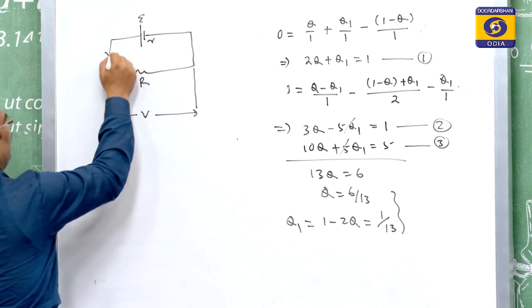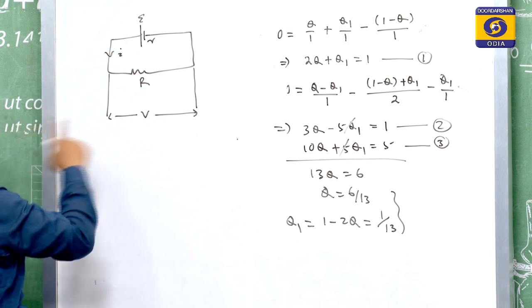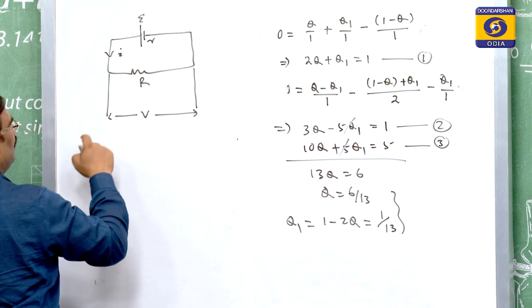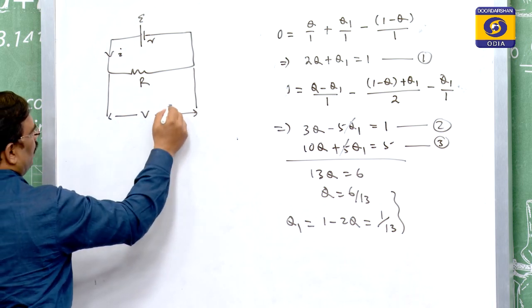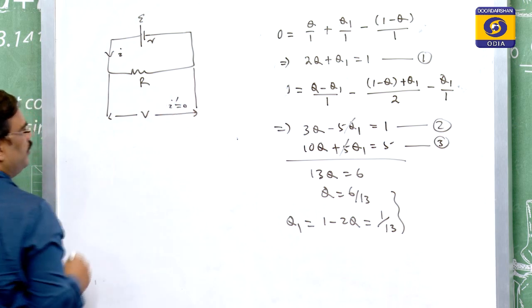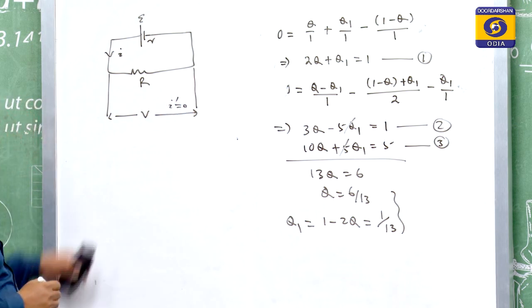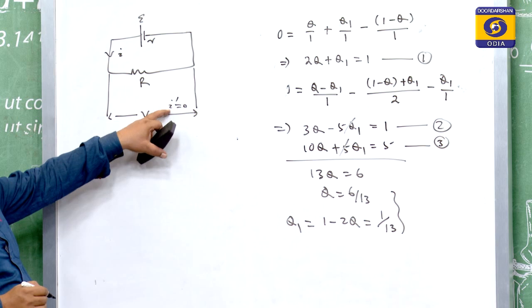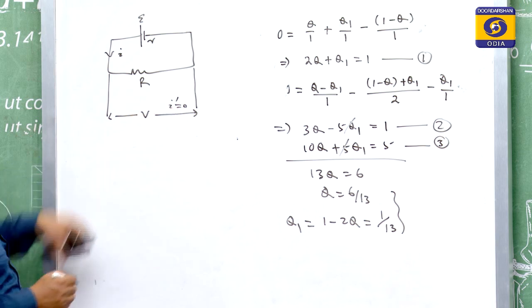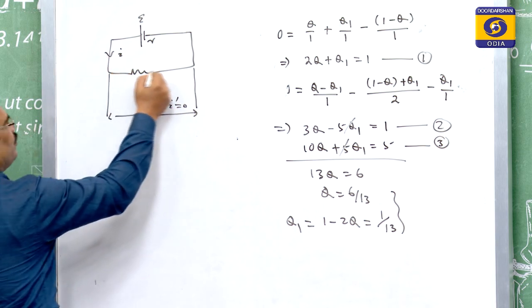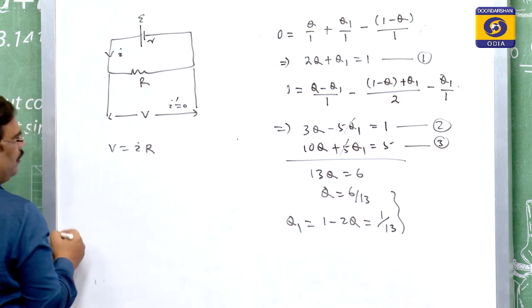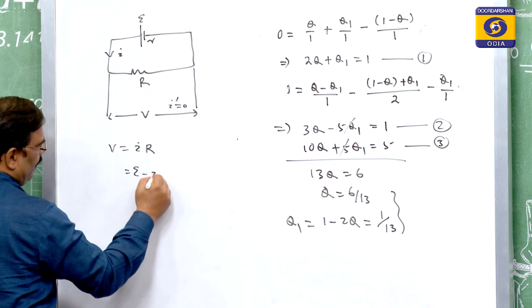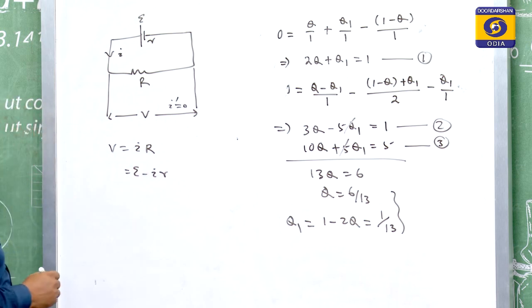If I is the current flowing, if this voltmeter is ideal, then the current flowing through the voltmeter, I dash, will be equal to 0. If I dash is equal to 0, then the entire current will pass through the resistance R. So, my V will be equal to IR. So, it can be written as E minus Ir also, where r is the internal resistance.